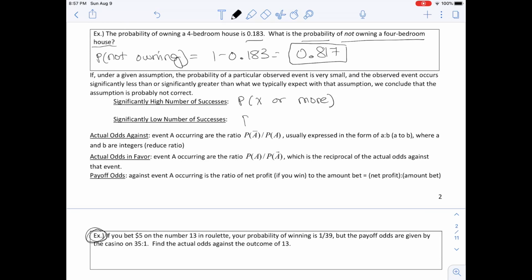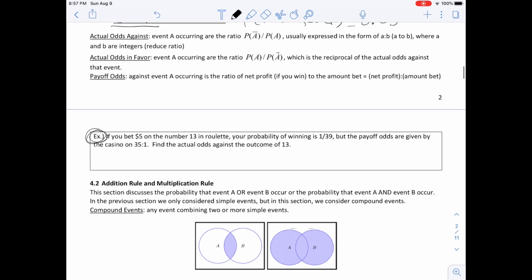The next one is significantly low number of successes, with a probability of X or fewer. Both of these, if we remember from before, are when the probability of the event is less than or equal to 0.05.